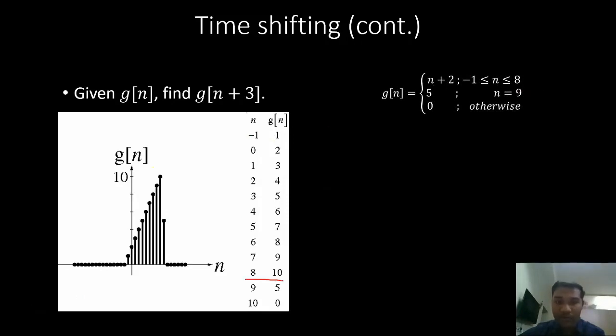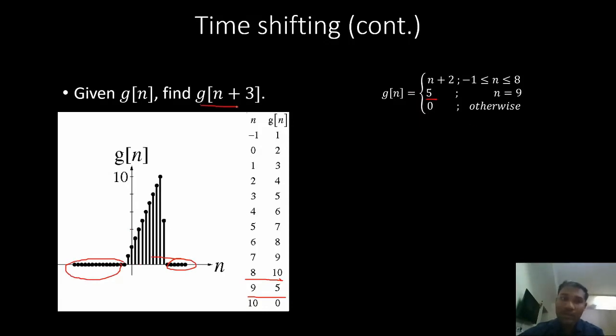For values of n from minus 1 to 8, the value of g of n is whatever the value of n plus 2. For n is equal to 9, it is 5. And for all other values, it is 0.